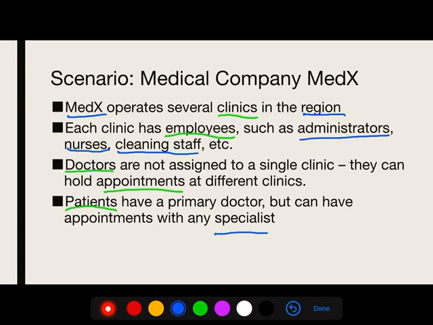So medics is the whole company. The whole data model is going to reflect the company and how it works. So the company itself is not part of that model. And this is a mistake that many novice designers will do. They will put the thing they're modeling inside their data model.